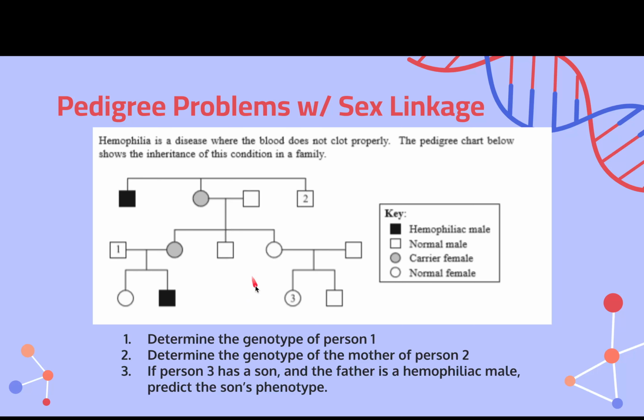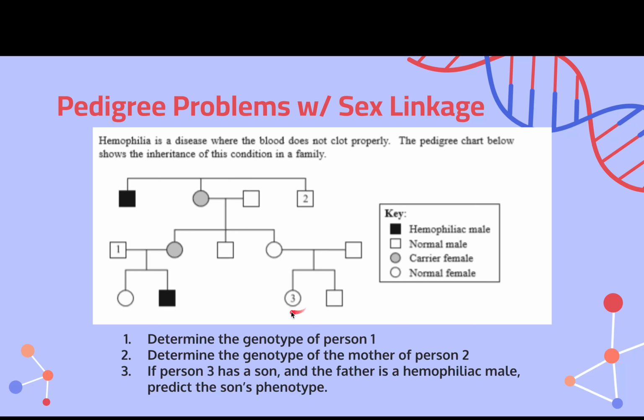Which means that he has the X lowercase h that will pass down, and the Y. However, the son will get the Y chromosome from the father, which means he will not get the hemophilia gene from the father.